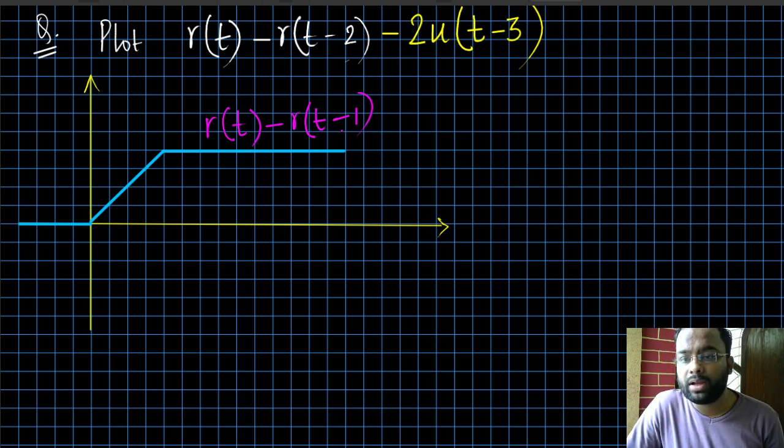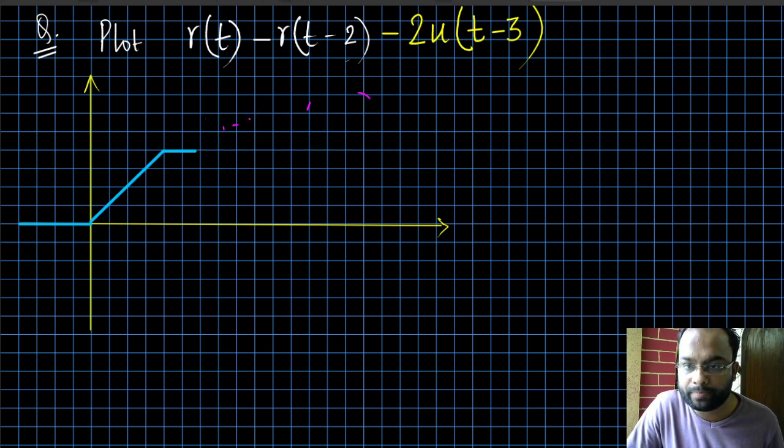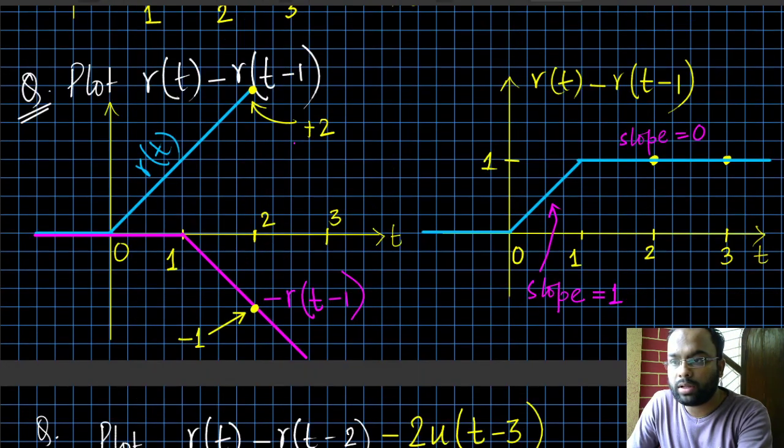So with this, let me ask you this. So what would RT minus RT minus 1, t minus 2 look like, right? So this was again RT minus RT minus 1.